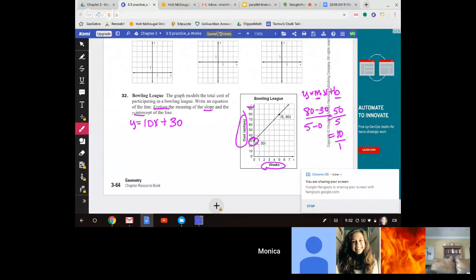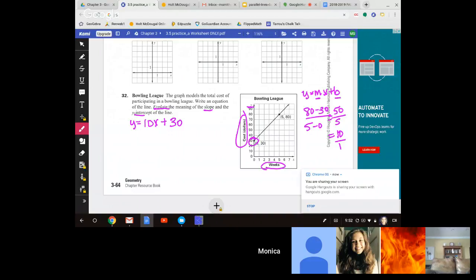So think about the y-intercept there. If you haven't done anything and it's starting out with a constant number like that, where you've always got that 30 sitting there, that's going to be kind of like a registration fee or a startup fee. That's some kind of a constant that's involved with being in the bowling league. So that would be like a registration fee.